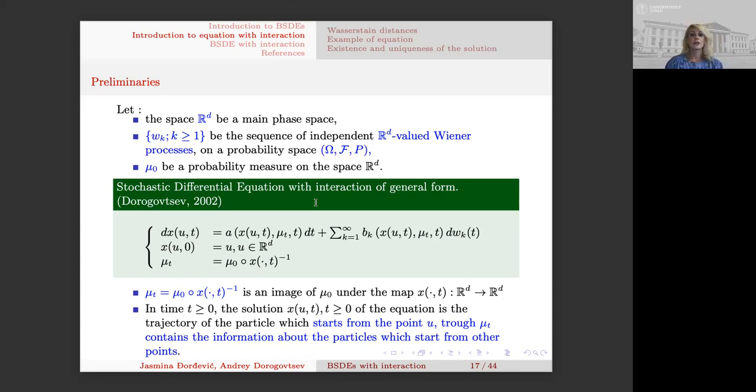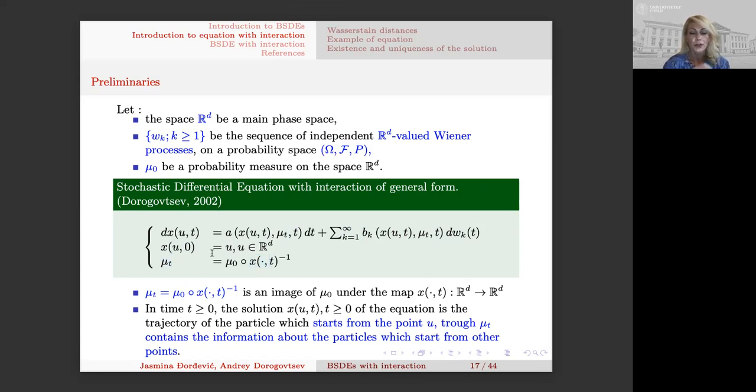Then the stochastic differential equation with interaction, which was introduced by Djordjevic in 2002, is given in this form, where now we have a general drift dependent not only on time, but also on the measure and the solution. The same holds for the diffusion coefficient. This equation has initial value u, and the measure mu_t is actually the image of the initial measure under the mapping x.